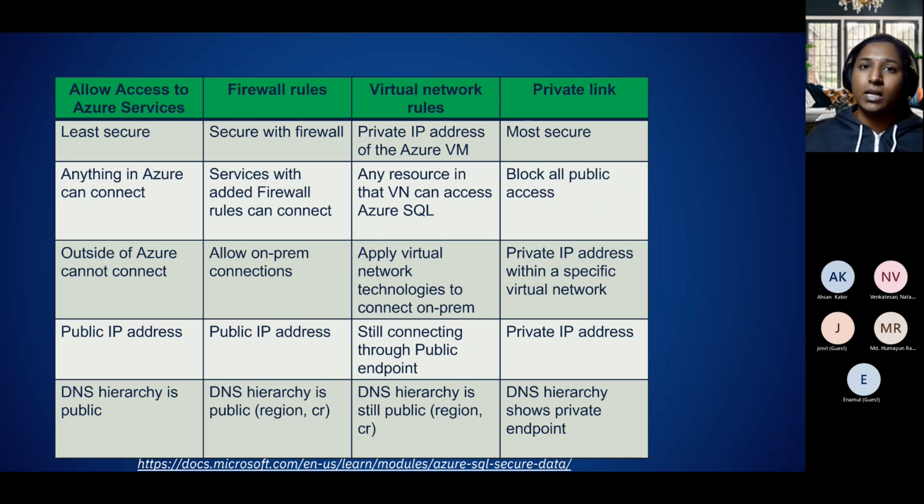In those scenarios, we can use Allow access to Azure services, because once you choose this, all the other services in Azure can easily connect. But if you have an on-prem server, you cannot connect with this first option. You need to add that local IP address to connect if you are on this option.